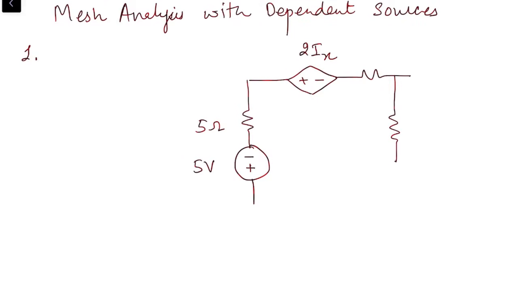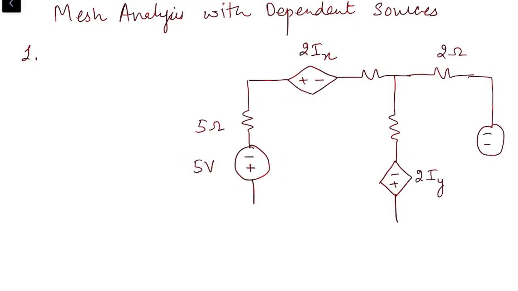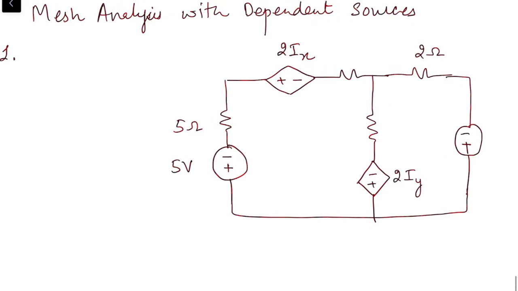In this branch, we have another current dependent voltage source which is supplying us voltage 2 into Iy. So this is the given circuit. Ix and Iy are also given. This is the given network.